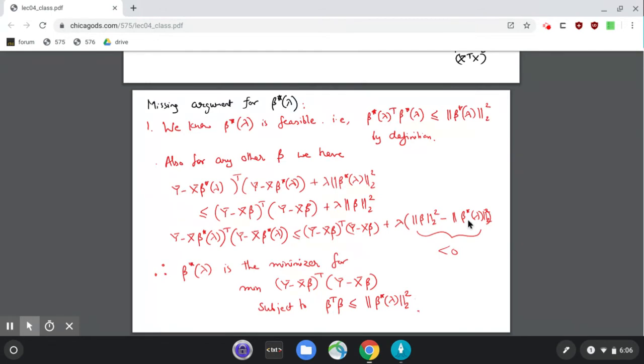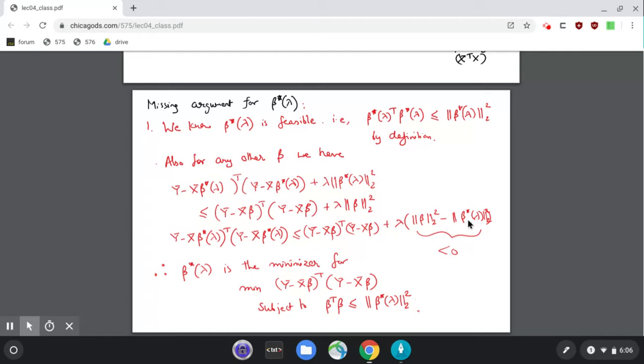The original problem had some solution, beta star lambda, where lambda is that trade-off parameter balancing the least squares loss on the data and the preference for small norm beta coefficients, or small norm models. First, you need to show that beta star is feasible. It is feasible because the left hand side is exactly equal to the right hand side for this choice of tau.